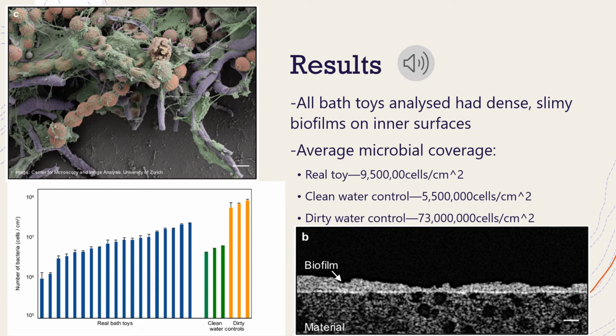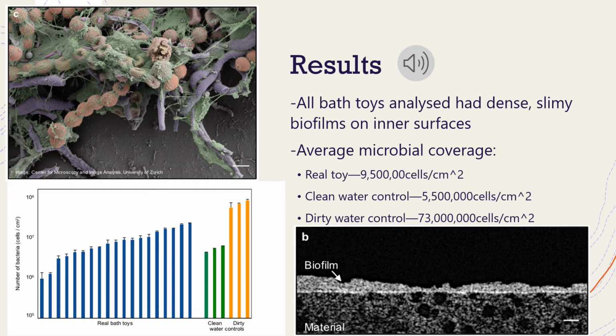What they found in terms of microbial coverage was that the real toys had an average of 9,500,000 cells per centimeter squared. Turning your attention to the bottom graph, the real toys are represented by the blue bars, and there's still quite a bit of range within that average, depending on maybe how clean that household might have been or how often the toys got used.